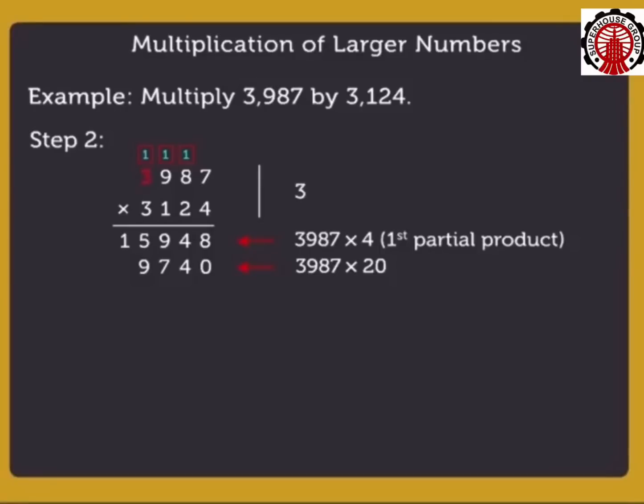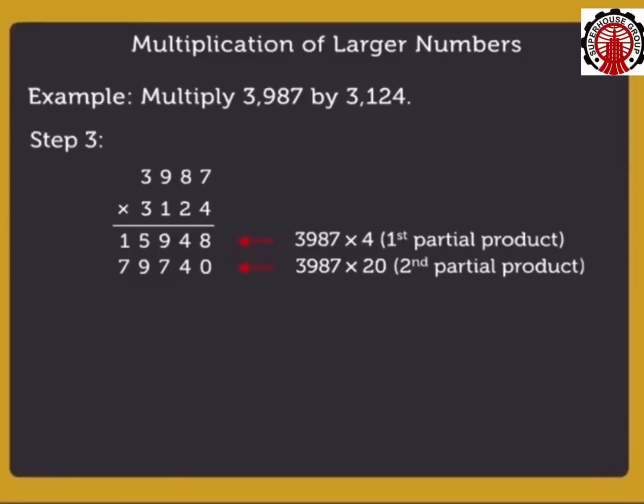Then 3 into 2 is equal to 6, plus the carried over 1 is equal to 7. So we get 79,740 as the second partial product.